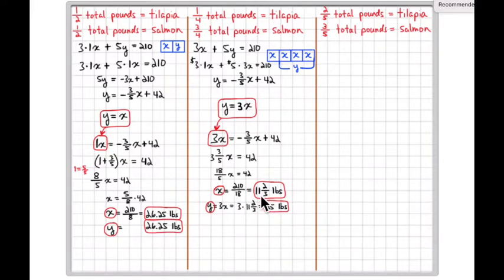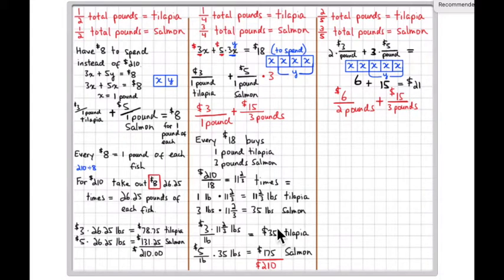So $3 times 11 2/3 pounds is $35, and $5 times 35 pounds is $175. Yeah, $35 and $175.